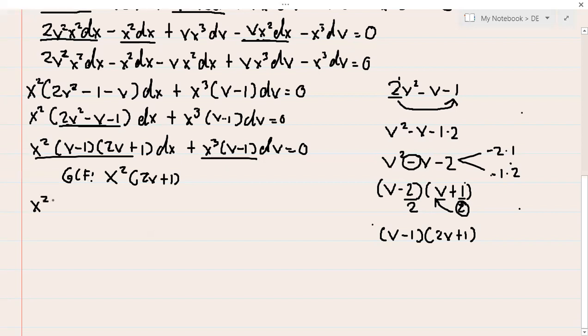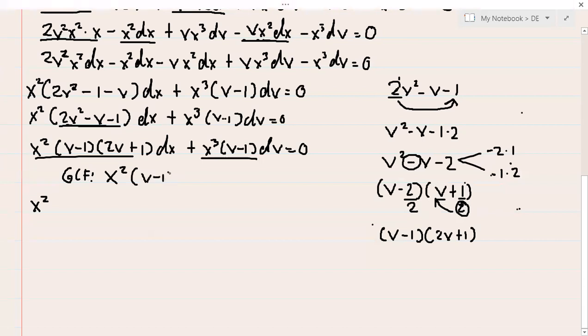So magiging x squared times quantity 2v plus 1 times quantity v minus 1 times dx. Ay, hindi. Wait lang. Ay, baliktad. Sorry. Mali pala ako ng GCF or greatest common factor. Hindi pala 2v plus 1. Forgive me. It's v minus 1. Alright? Forgive me, guys. It's v minus 1.